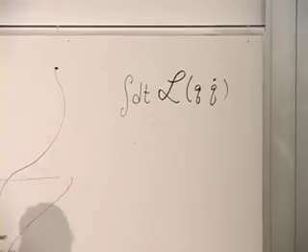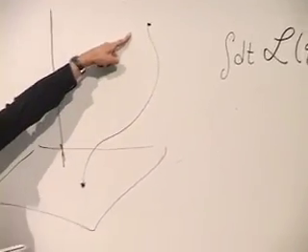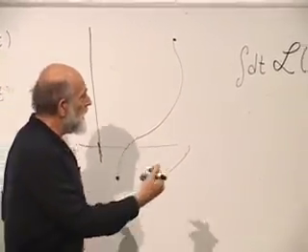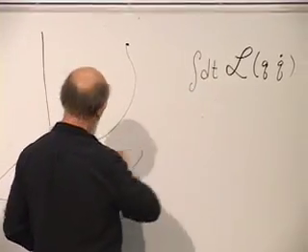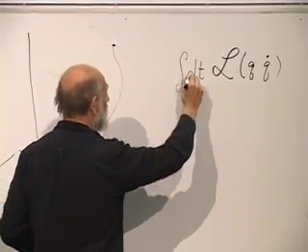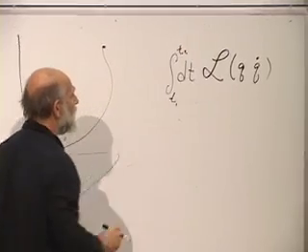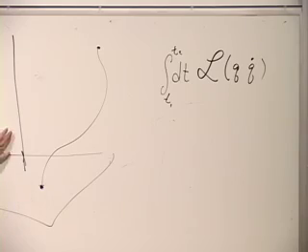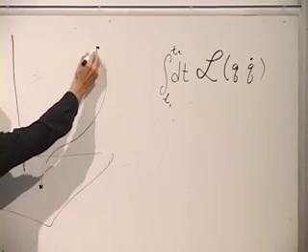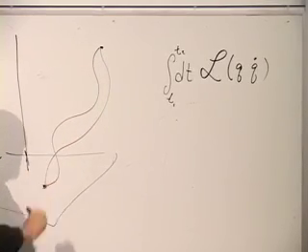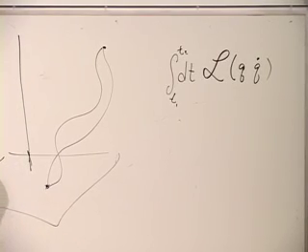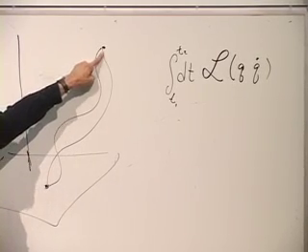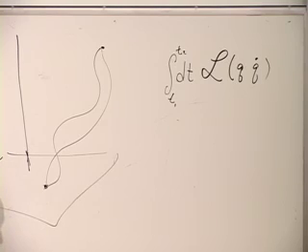And one speaks about the action between the initial and final configuration. So that means the integral is from some initial time t1 to some final time t2. And the trajectories that we're going to explore, the different trajectories that we're going to compare to find the one of least action, are all trajectories which pass through the same 2 points.